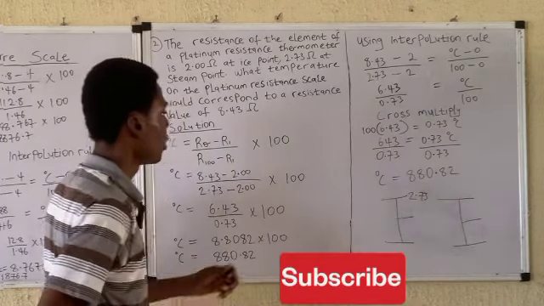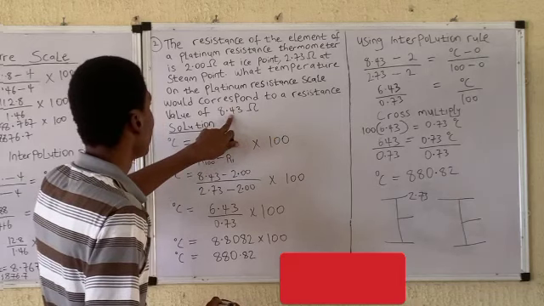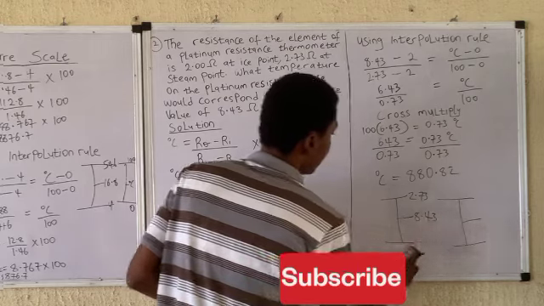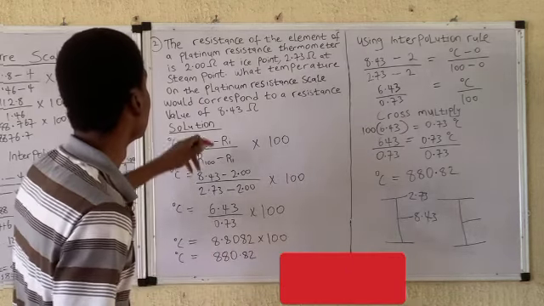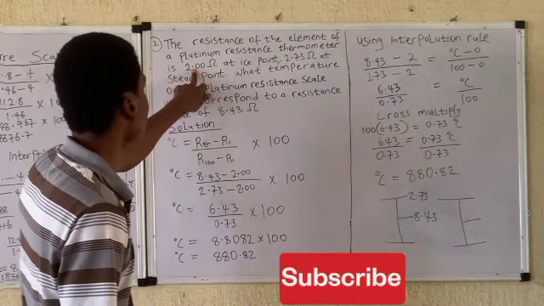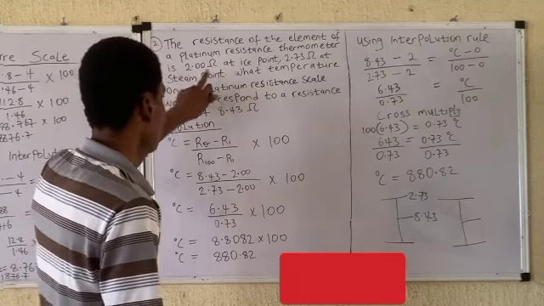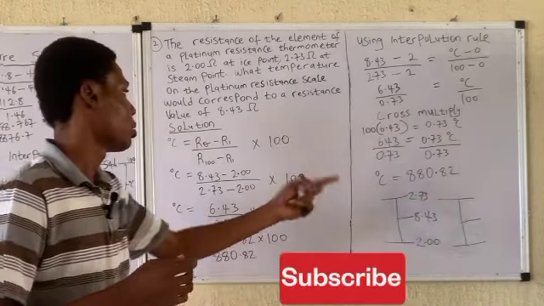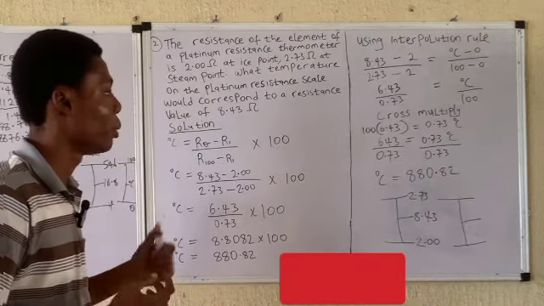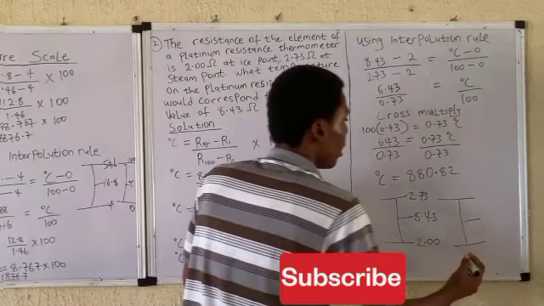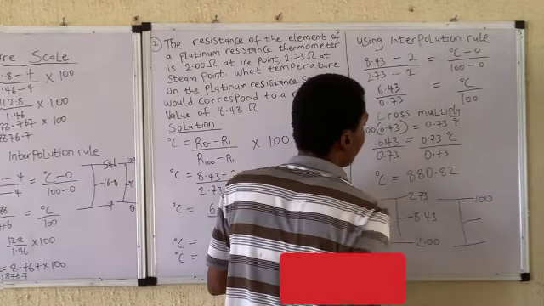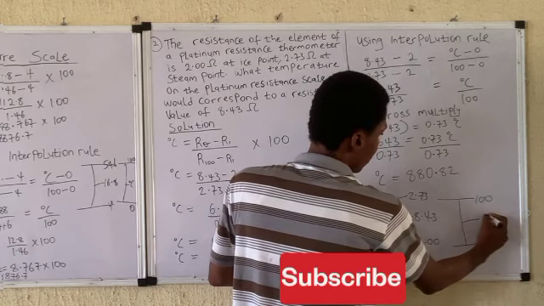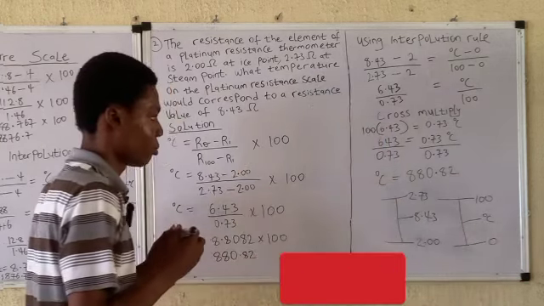Then here we have 8.43. Then our lower fixed point is 2, so we take 2 as our lower fixed point. So in our Celsius temperature scale, we know that 100 is our upper fixed point, then 0 is our lower fixed point, then our degree Celsius.